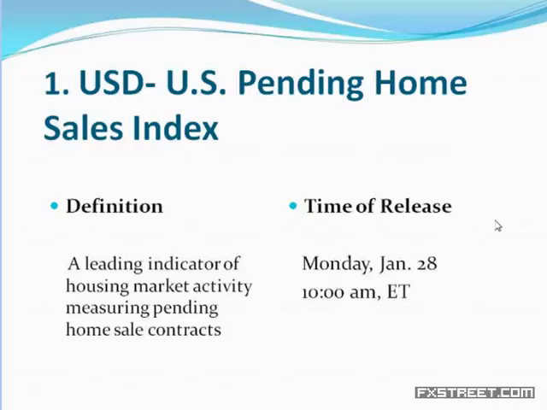A 0.5% month-over-month increase is expected for December, which is lower than a 1.7% increase in the previous month. So it more than likely will be in line with the pullback that we saw in the existing home sales and also the new home sales for December.